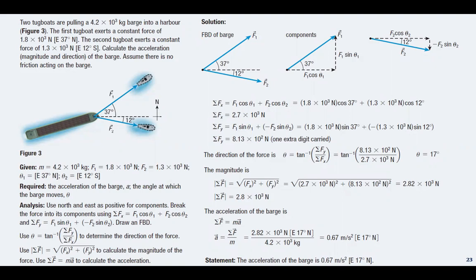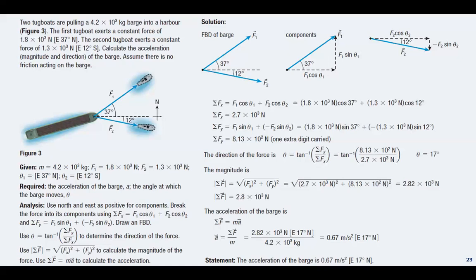The magnitude of force F1 is 1.8 times 10 raised to the power of 3 newtons, and the magnitude of force F2 is 1.3 times 10 raised to the power of 3 newtons. And according to this diagram, we have two angles. One of them is 37 degrees. The other one is 12 degrees.